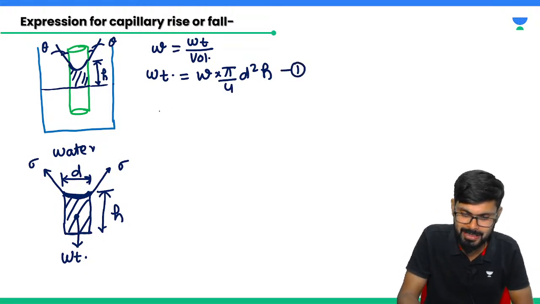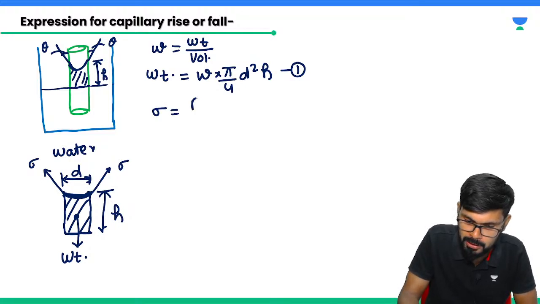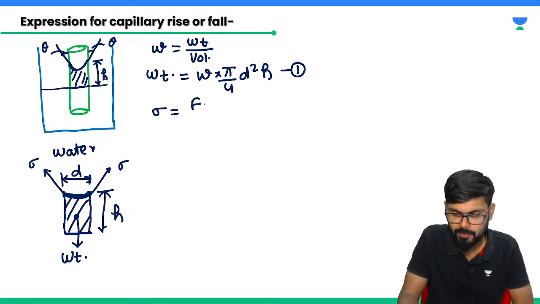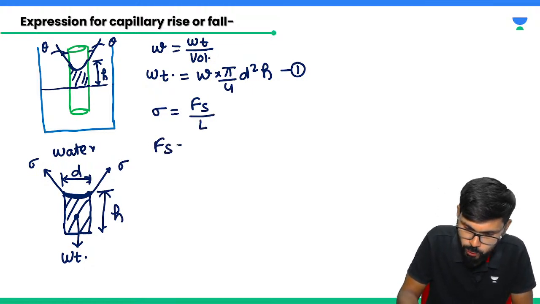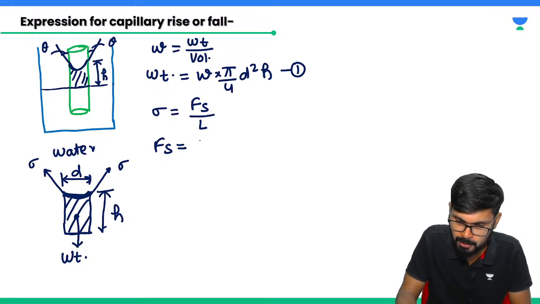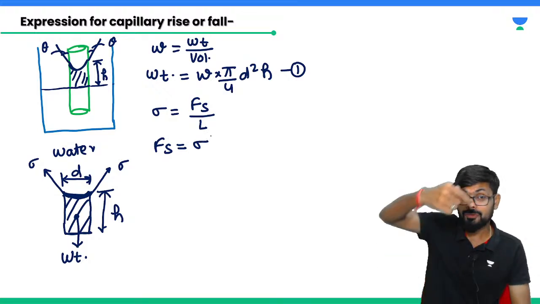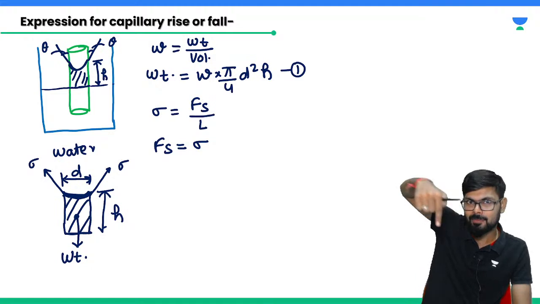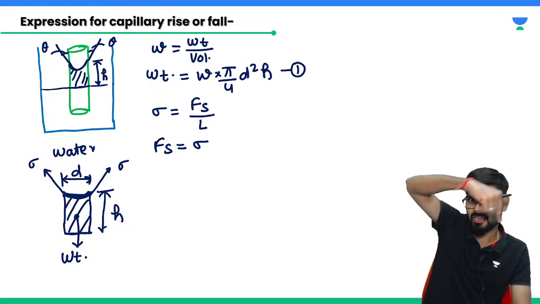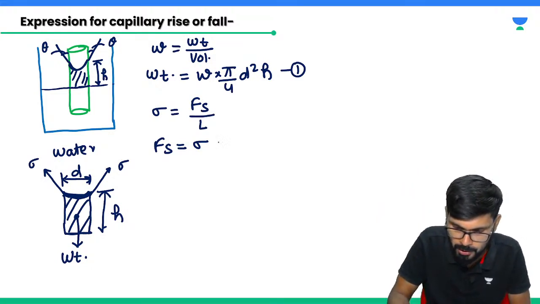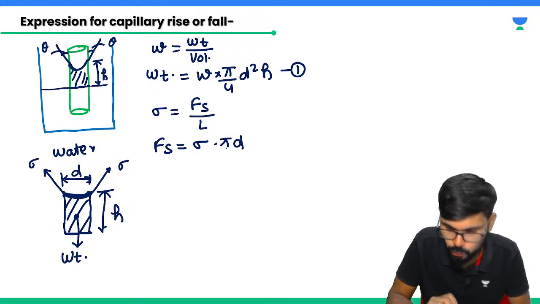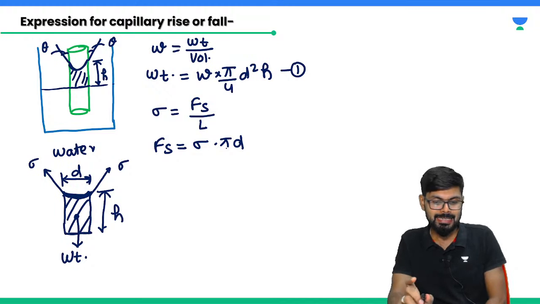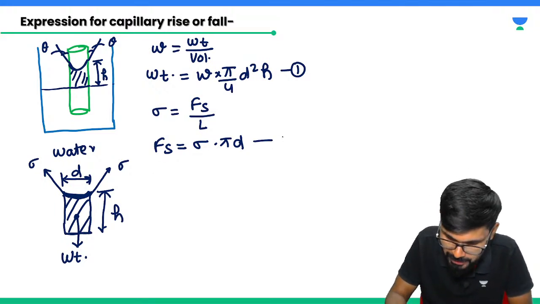Now if I calculate sigma, sigma is surface tension force by length. So surface tension force will be sigma into L, and it acts on the periphery, which is pi into d. This is equation number 2.